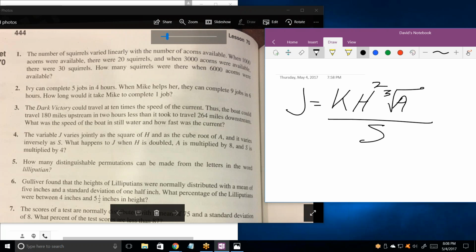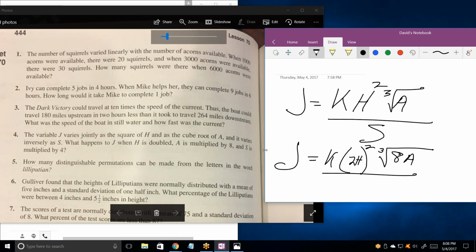In other words, let's just write it as they're saying. When h is doubled and when a is multiplied by 8 and s is multiplied by 4.